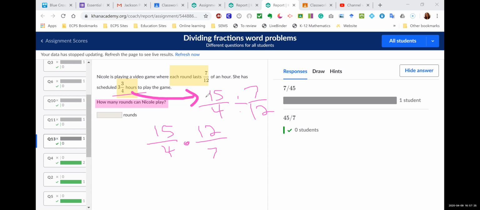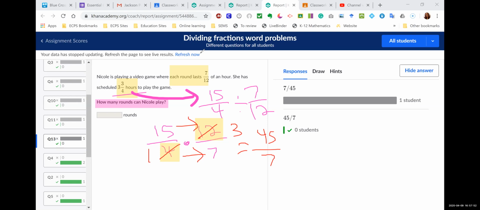So there is some cross canceling I can do here because 4 will go into itself and into 12. So if I'm looking at that, 4 goes into itself once and into 12 3 times. So now I can go ahead and multiply. All right, so 15 times 3 is 45, and 1 times 7 is 7.